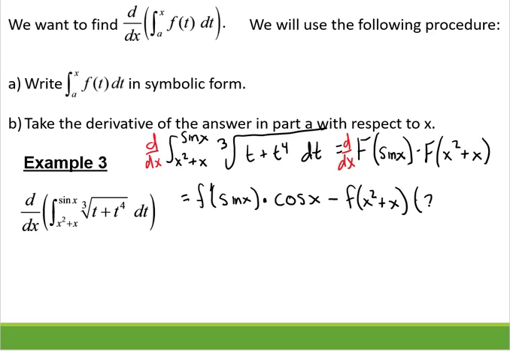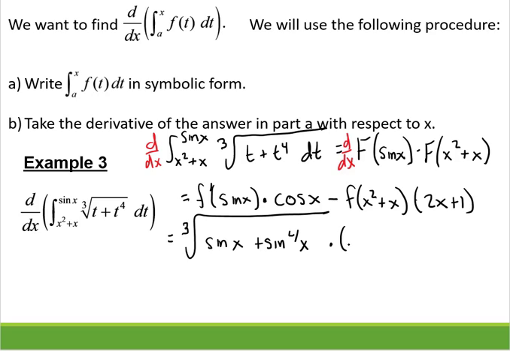So now this equals the cube root of the sine of x plus the sine to the fourth power of x. Now on the outside, this is on the outside. I'm going to put it in parentheses so you realize it's on the outside. Minus, I'm going to put this term below.